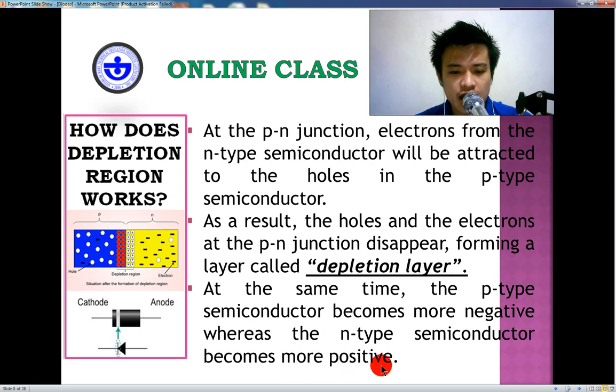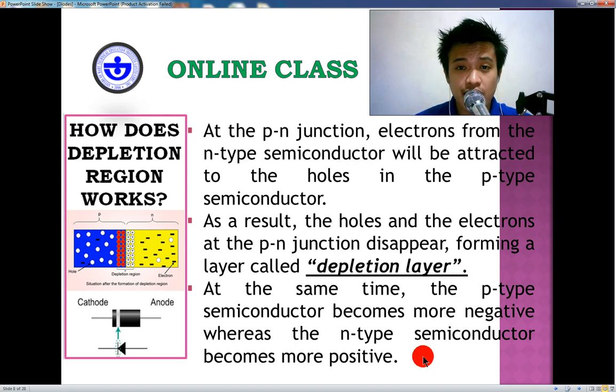So again, if the diode is connected in reverse bias, the charges on the positive and negative sides become opposite, because you are connecting it the other way. That is why it is called reverse bias. In reverse bias, the depletion region will be made.